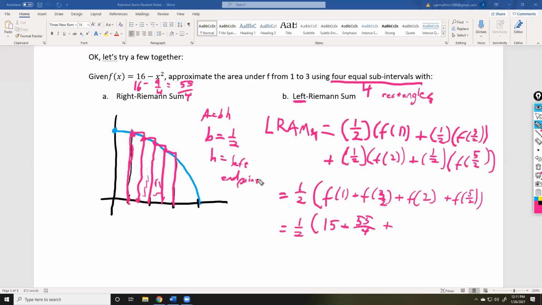Plus f of 2, well, that's 16 minus 2 squared, which is 4. So that's going to be 12. Plus f of 5/2. Now we're subtracting 25/4. So 64 minus 25, that's going to be 39/4.